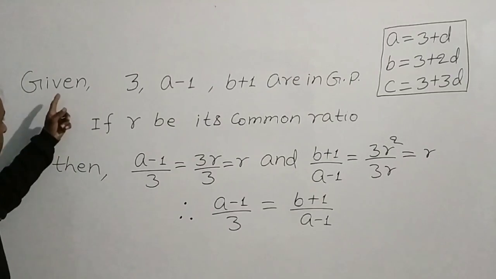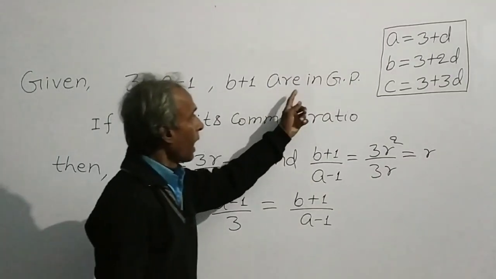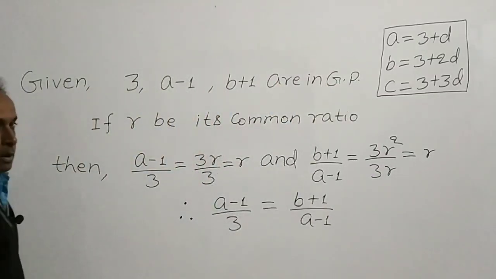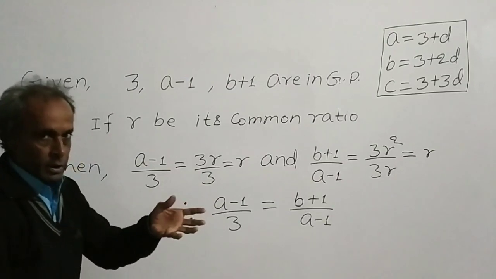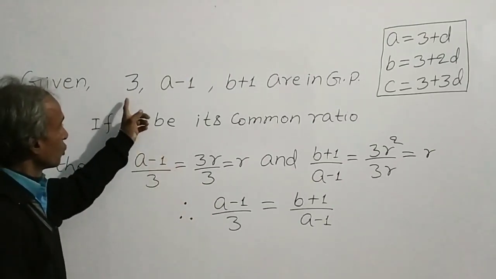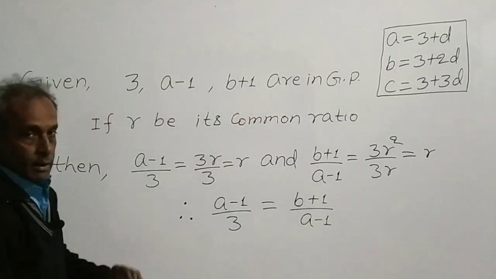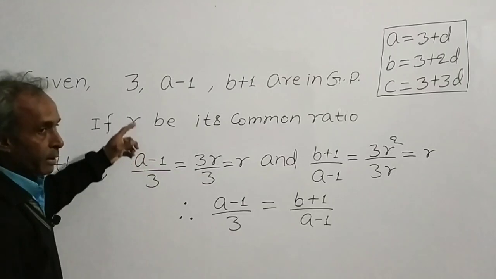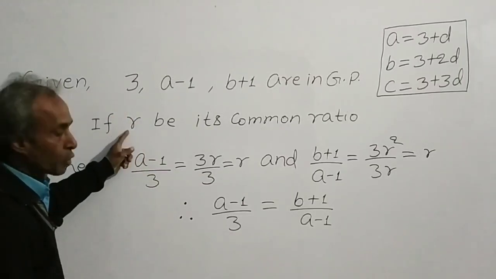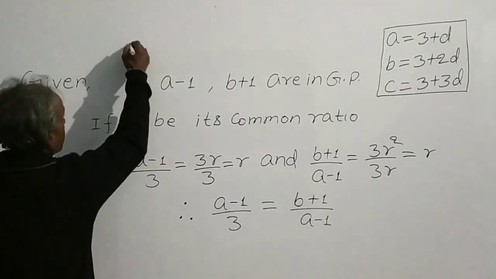Again, it is given that 3, A minus 1, B plus 1 are in geometric progression. We suppose that some number R is the common ratio of this geometric progression. Then the geometric progression whose first term is 3 and common ratio is R can be written as 3.